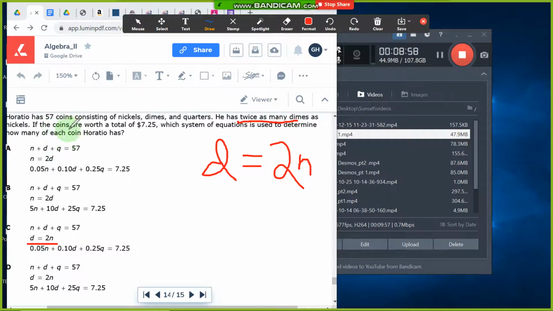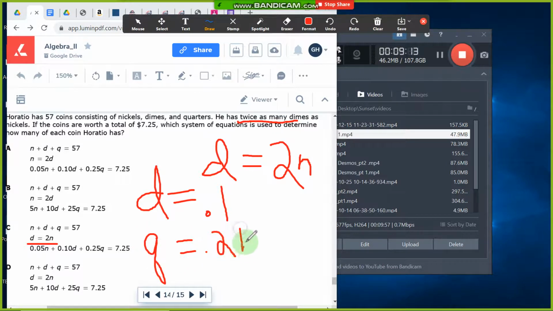Last but not least, the coins are worth 7.25. Remember, dimes are worth 0.1, quarters are worth 0.25, and nickels are worth 0.05. Not 0.5, that would be 2 quarters, 50 cents.